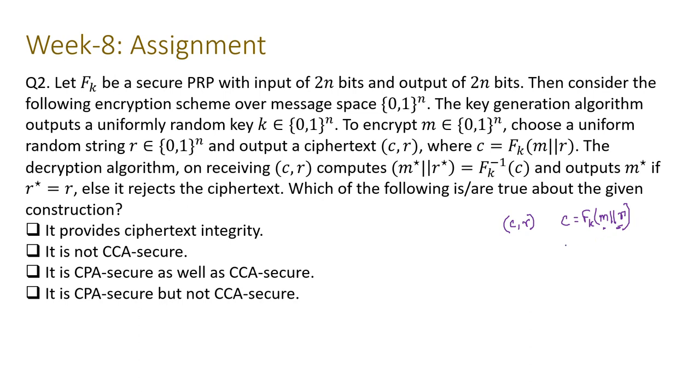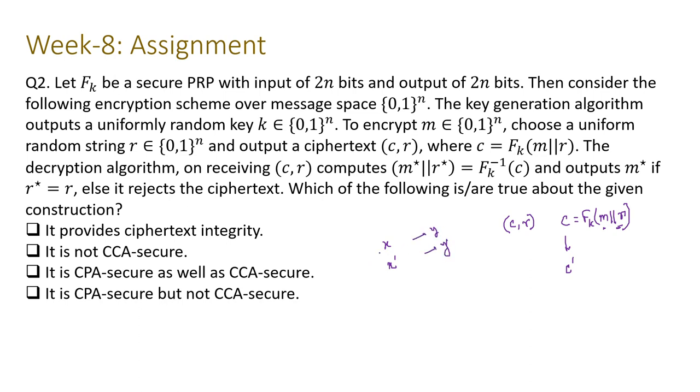And about CCA security, my point is that even if you change C to some C dash, because F is a secure PRP, if you remember from the definition of PRP, a small change in the input leads to a huge change in the output.